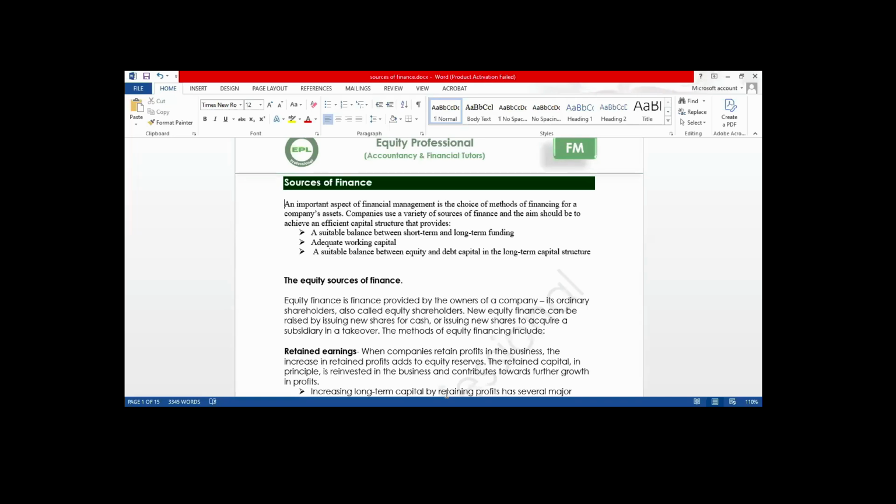Another definition of financial management is that financial management can be defined as the process of sourcing finance and utilizing finance so as to meet the objective of a business organization.